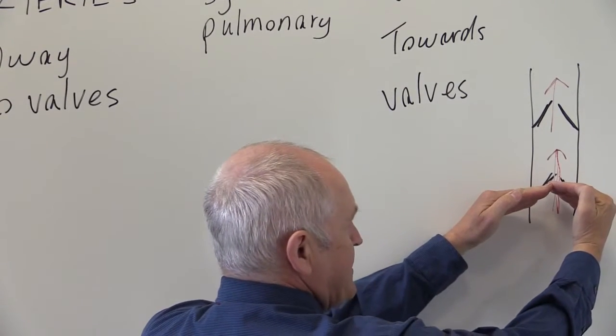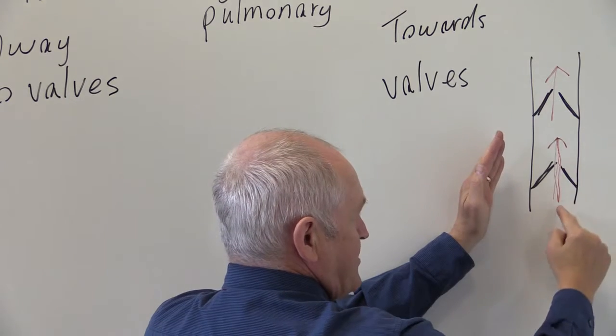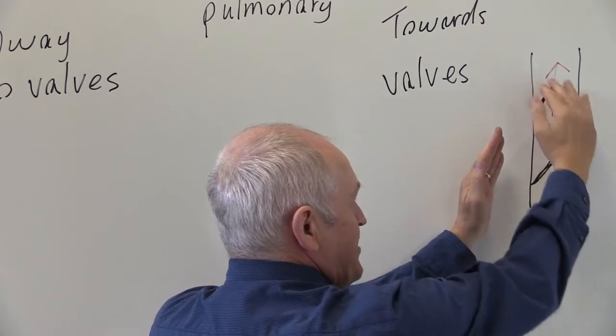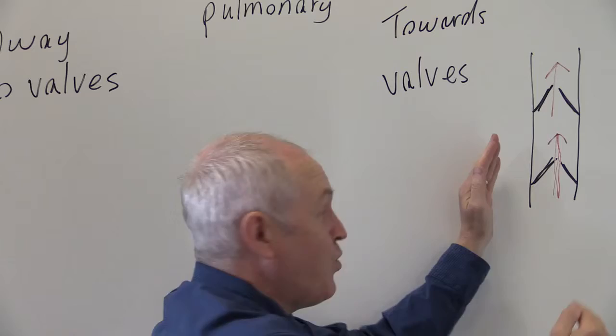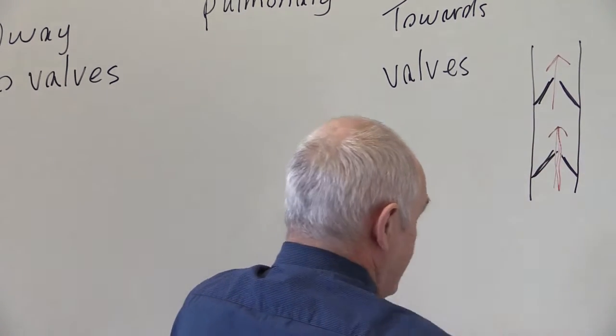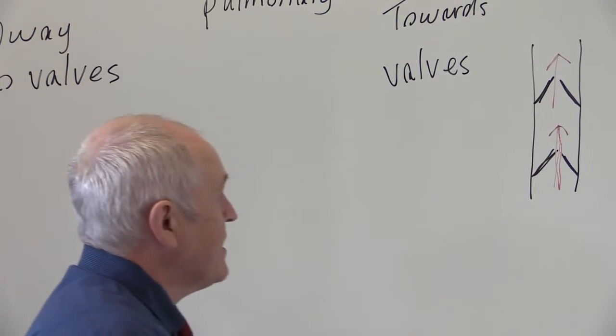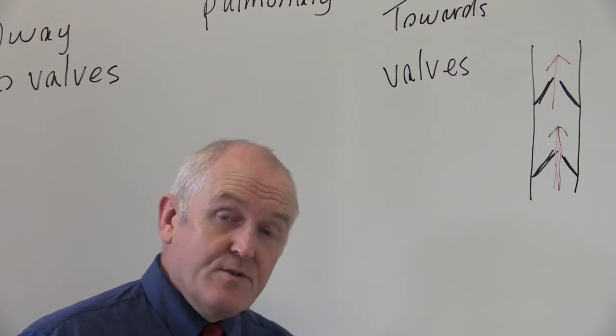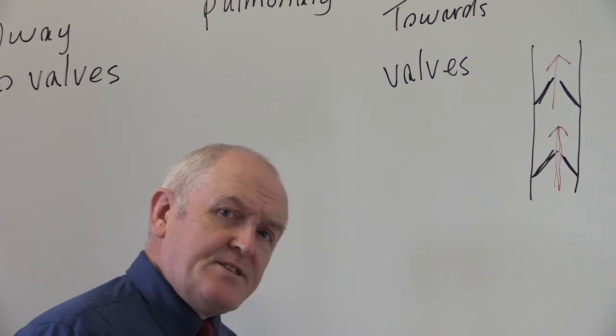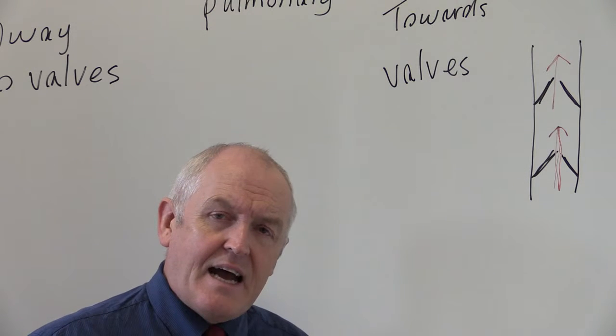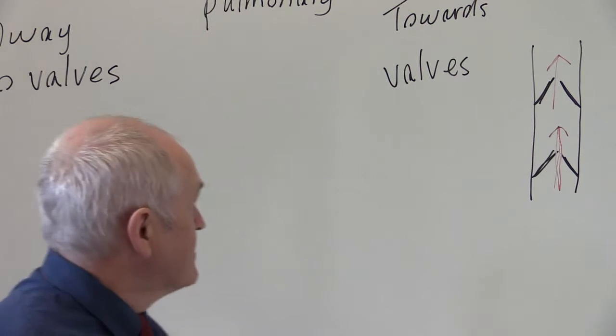So the valve will open in this direction, allowing the blood to go from there to there. But then if the blood tries to go back towards the periphery, the valve will simply shut. And these valves are particularly plentiful in the veins in the legs and the veins in the arms.